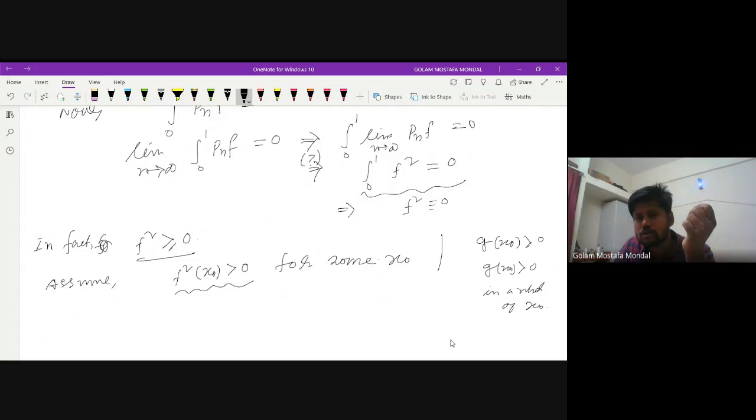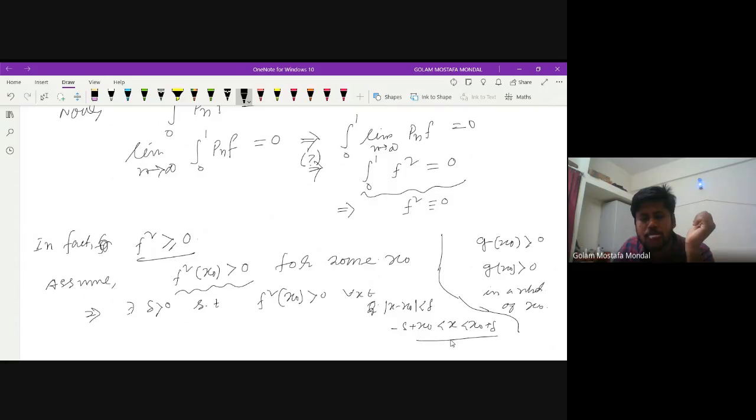Then from here we can say that there exists delta greater than 0 such that f square of x is greater than 0 for all x with |x minus x naught| less than delta. That is, minus delta plus x naught less than x less than x naught plus delta. So in this neighborhood, this is greater than 0.